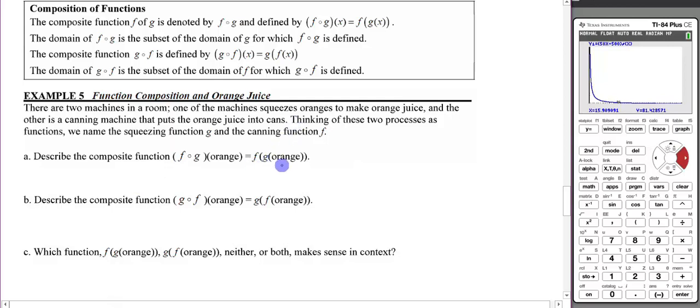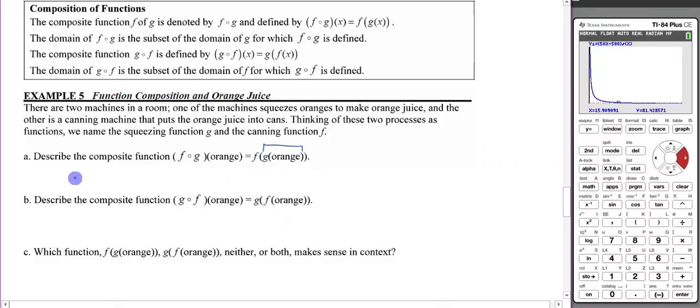Just like any part of algebra, when we have nested parentheses, we work on the inner set of parentheses first and simplify. We move to the next set of parentheses and simplify, and then the last set of parentheses. So our first set of parentheses, the first thing to do would be to take g of orange.